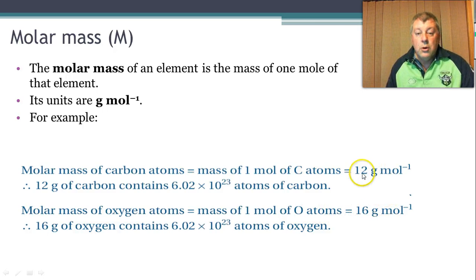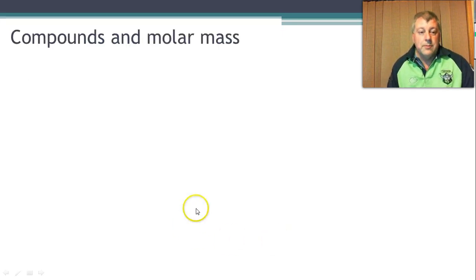And you can look on your periodic table and you'd see that carbon is 12 and oxygen is 16. Now in this case they've got rid of the decimal places. So if you have 16 grams of oxygen, you have Avogadro's number of atoms of oxygen.